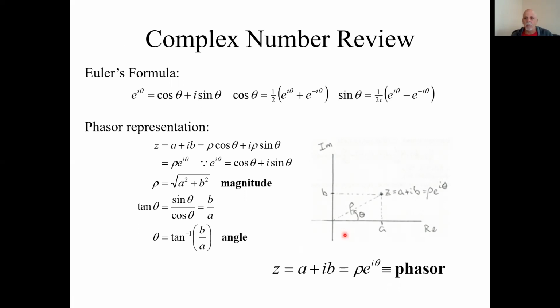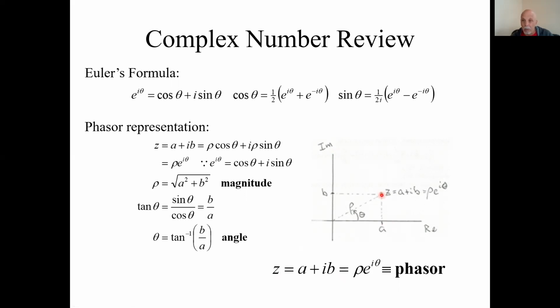Start thinking of complex numbers as being in this complex plane. We have the real axis being the horizontal axis. The vertical axis is the imaginary axis. Say I've got this complex number a plus ib. That means it's over a along the real axis and up b along the imaginary axis.